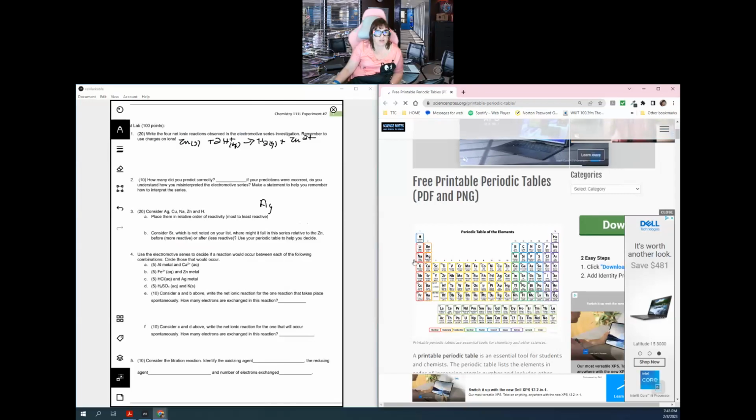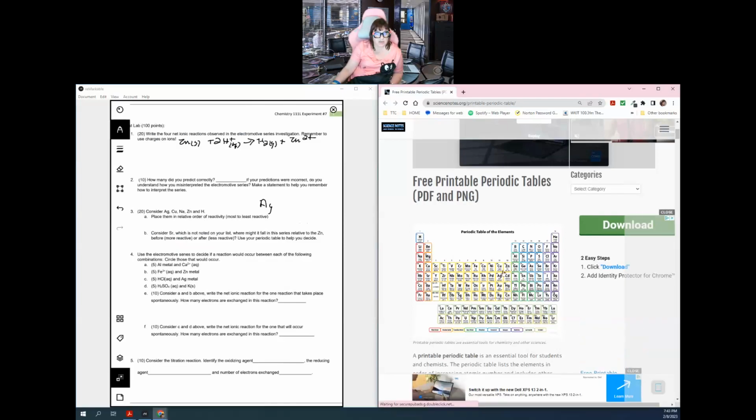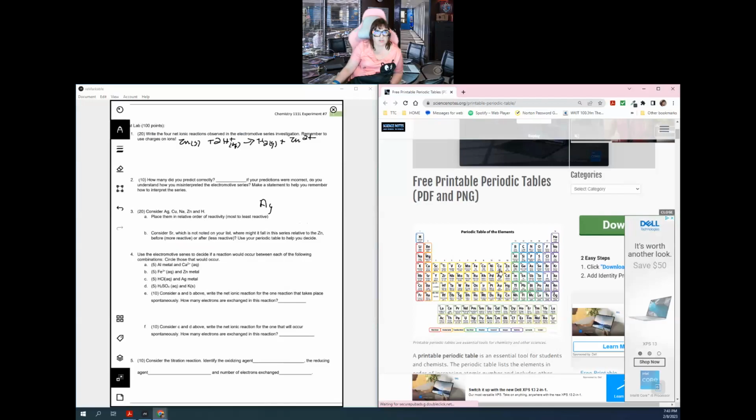And then based on those, we should be able to figure this out. So Na is here, Cu is going to be right there, Zn is right there, Ag is one below that, and of course H is all the way up here. So if you look at the relationship between Cu and Ag, that should give you information about what you would expect from Sr. So it should be similar to where we expect lower than Na, but not by much.